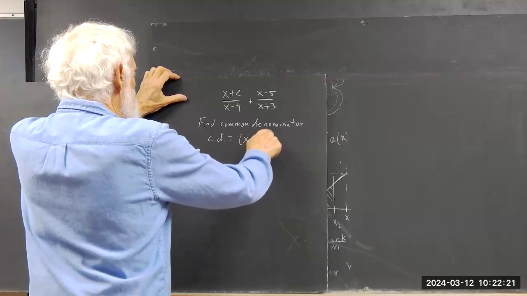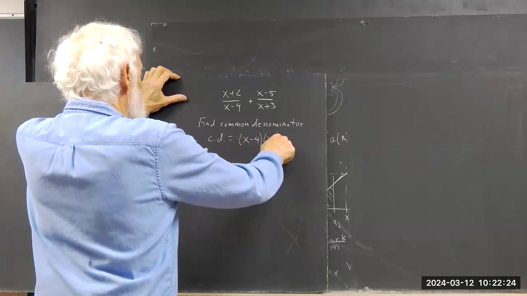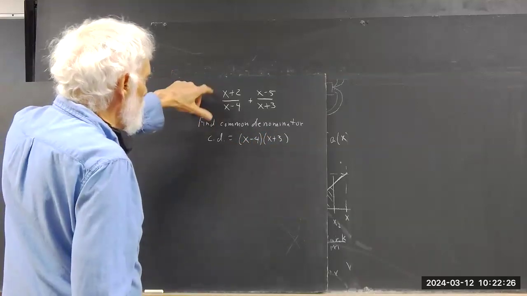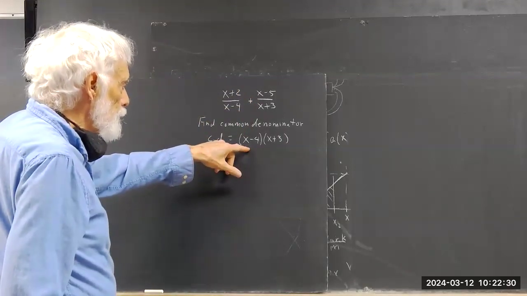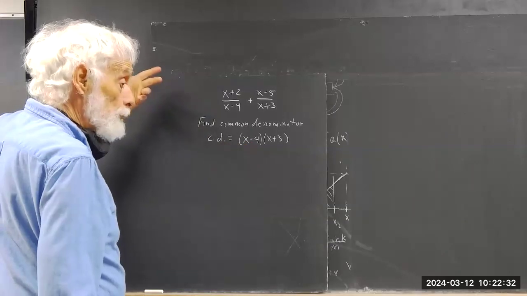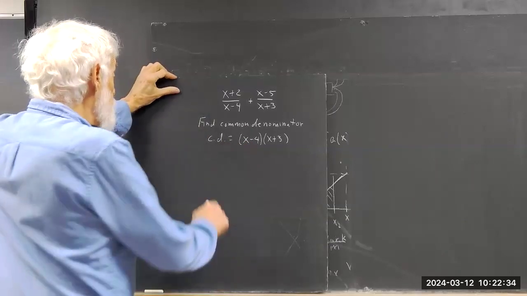It's going to be x minus 4 times x plus 3. So we want to change the form of these fractions so they both have denominator x minus 4 times x plus 3. How do we do that?